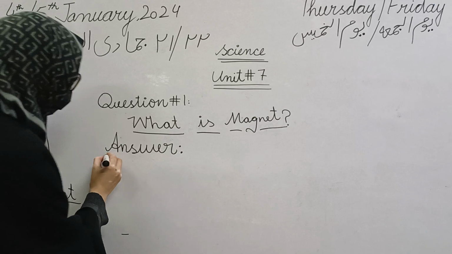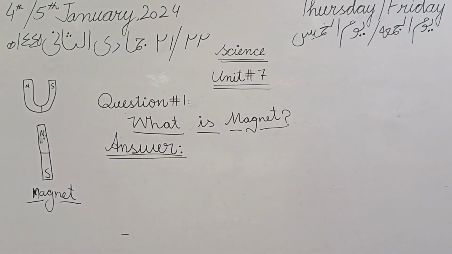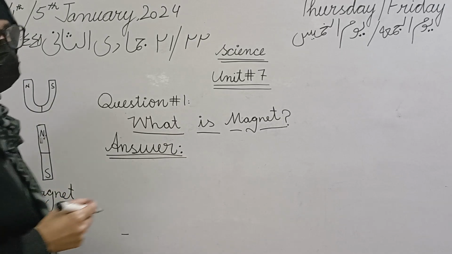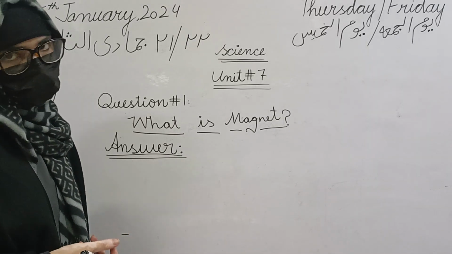I hope you now think about the answer, beta. Let me write the answer for you to help you, but I will appreciate if you write it in your own words, okay?